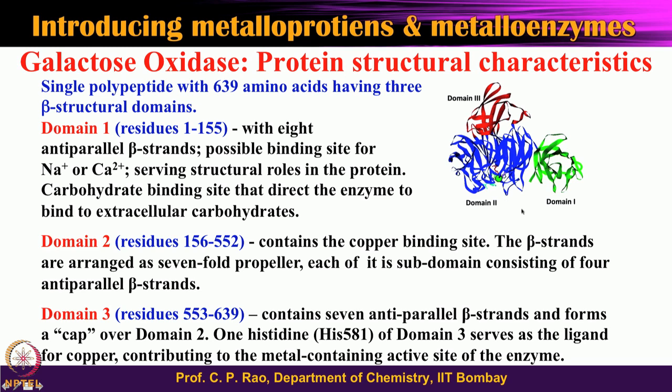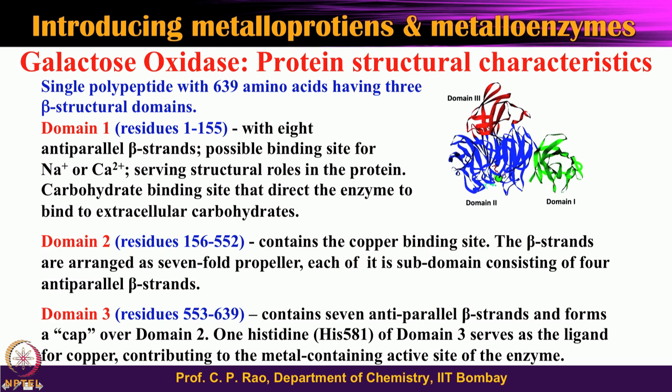All this is present in the blue domain, and the red domain, domain 3, is a different thing. It forms some kind of a lid onto this, because your active center is somewhere here, and it provides one of the histidine bindings, histidine 581, which binds to the copper center.